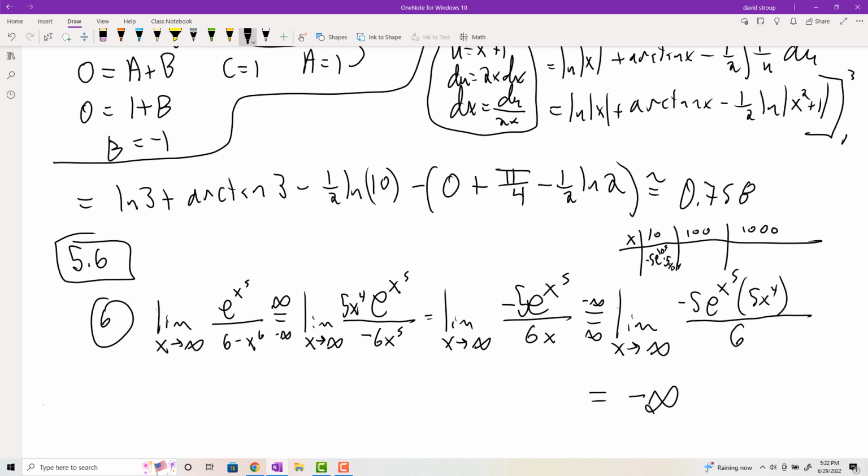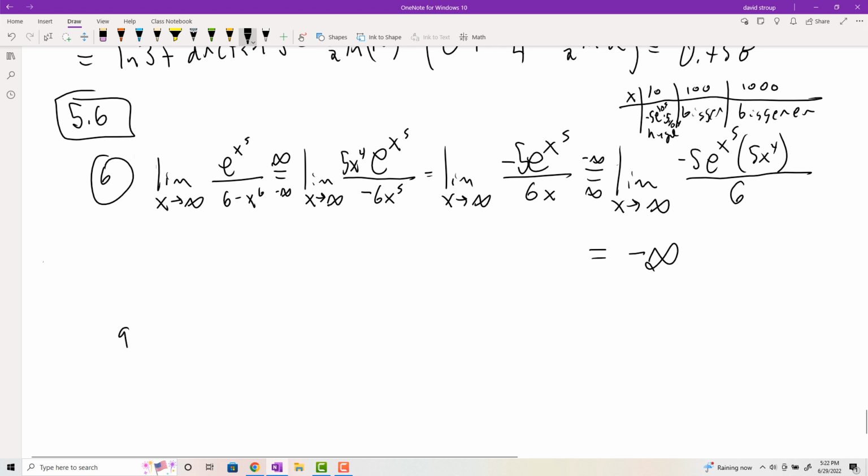Right? So if you multiplied that all out, this thing is huge. If you plug in 100, it's even bigger. And the calculator won't even be able to evaluate 1,000 in that expression in the numerator. So it's just going to get huge. It's going to be negative, so negative infinity. Okay.